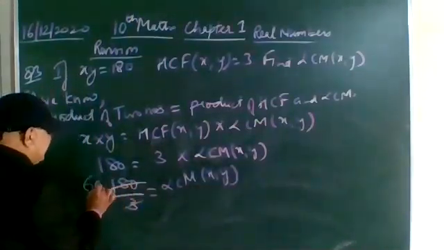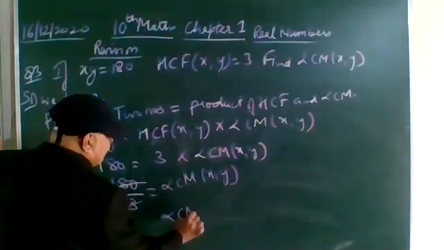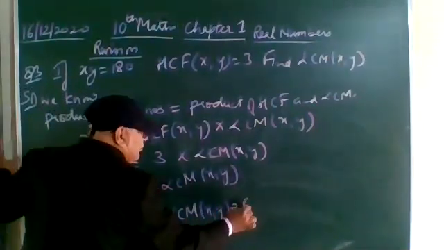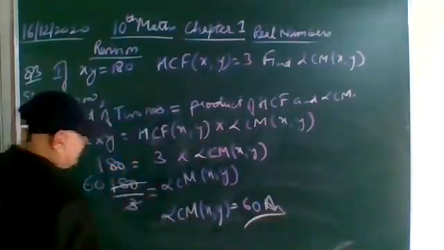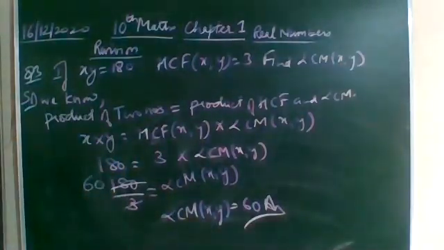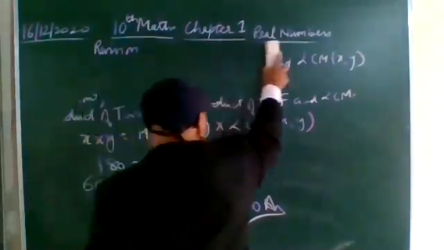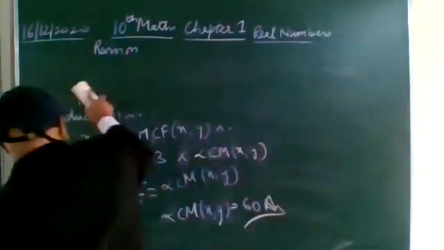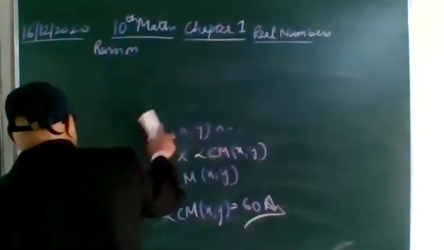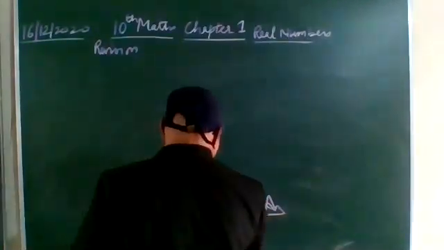So this cancels to 60. So LCM of x and y equal to 60. Answer. One question of this type you will find in the book, and this will be of 1 mark. Directly you can write, or if it is of 2 marks, you can write all these things also. It depends on how you are doing it.